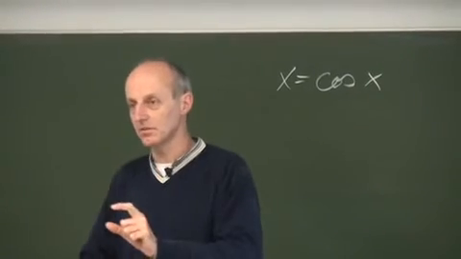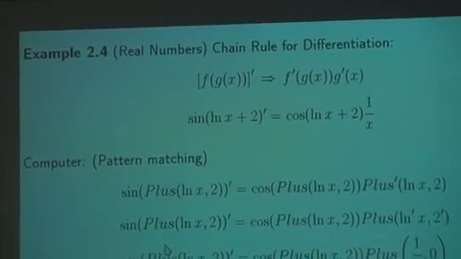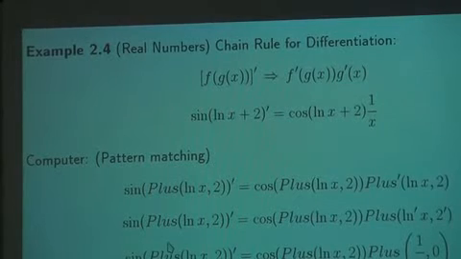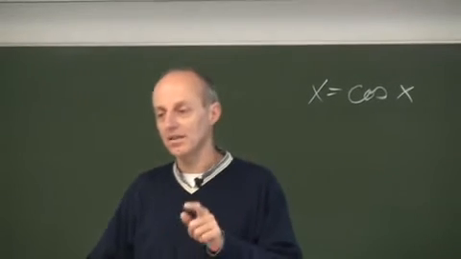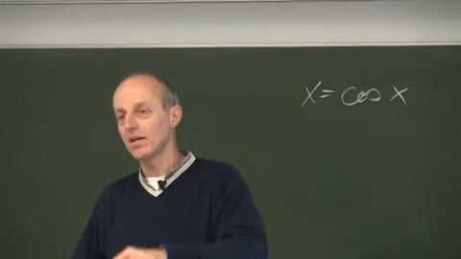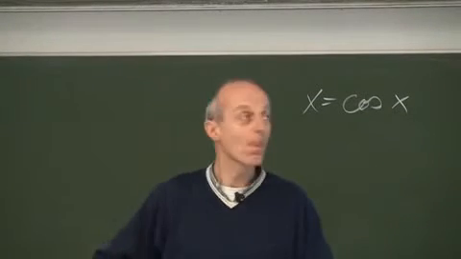It needs to be able to distinguish between variables and constants. For example, this f here is a variable, a function variable, and this is a function constant. And in pattern matching, you always replace variables by constants, but not the other way around. You are not allowed to replace 5 by x, but you can always replace x by 5.